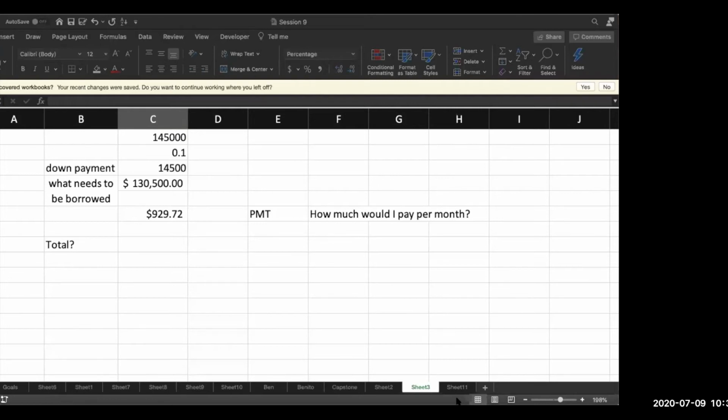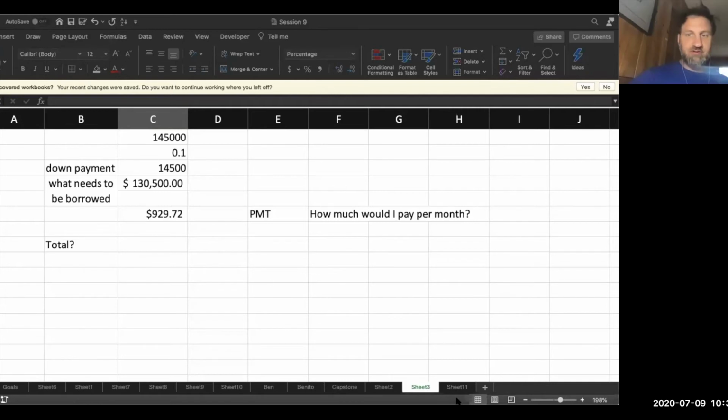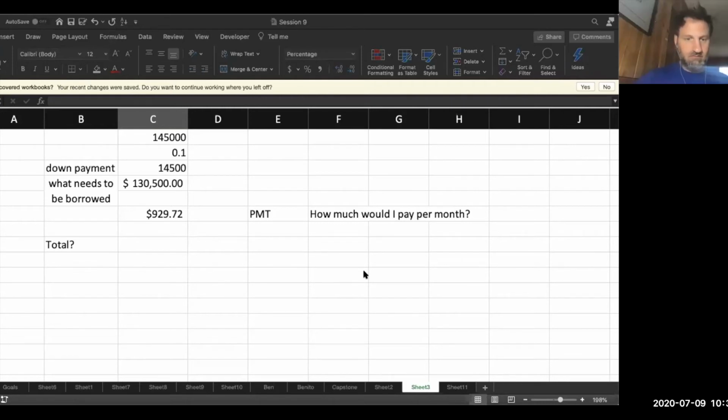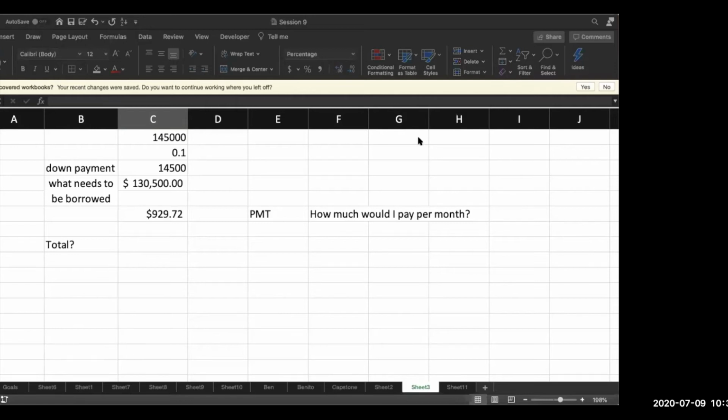So the loan was 15 years, right? It says 15 years, that's right. So there's 365 days in, no, no, working too hard. This is about months. We pay every month, 12 months, right?